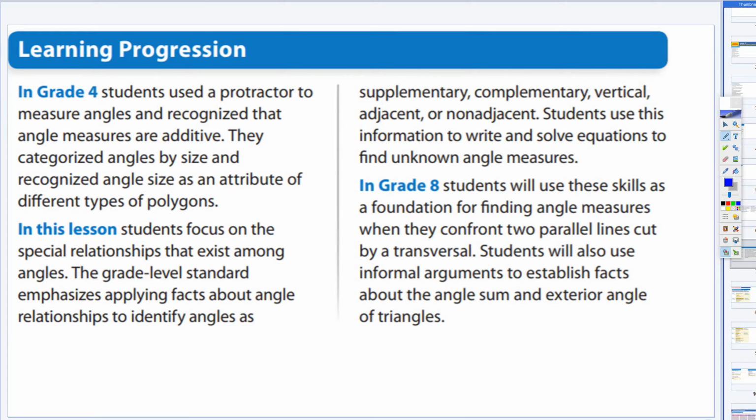The grade level standard emphasizes applying facts about angle relationships to identify angles as supplementary, complementary, vertical, adjacent, or non-adjacent. Students use this information to write and solve equations to find unknown angle measures.